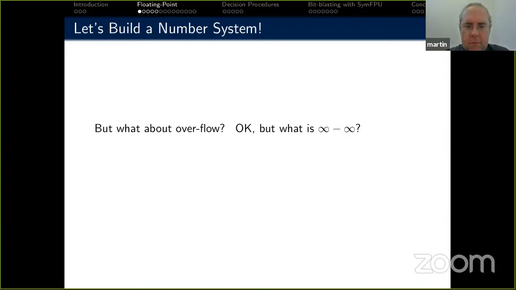But what happens if someone tries to subtract them? Well, that's annoying. I guess we could put 0, but then we could just miss that overflows have happened.